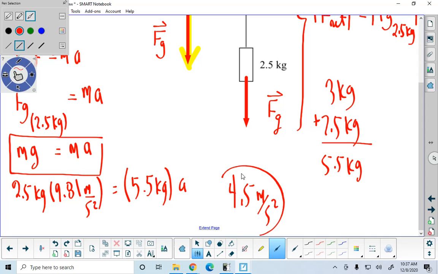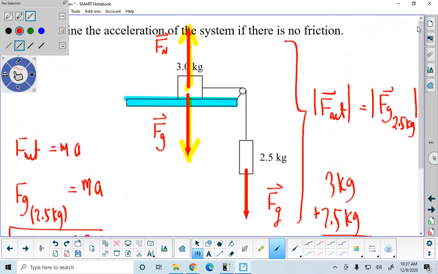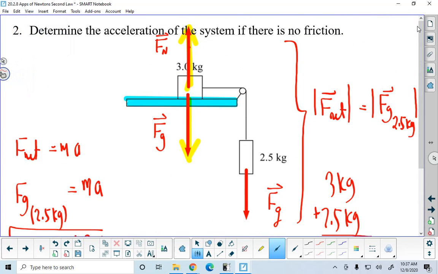If I said, what's the acceleration of the 3 kilogram mass, you would say 4.5 meters per second squared to the right. And if I said, what is the acceleration of the 2.5 kilogram mass, you would say 4.5 meters per second squared towards the floor.